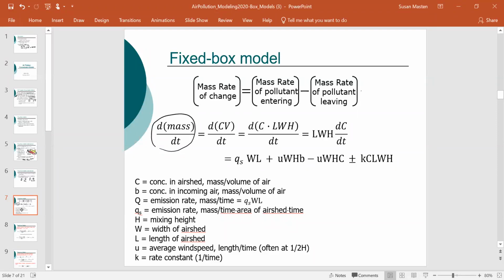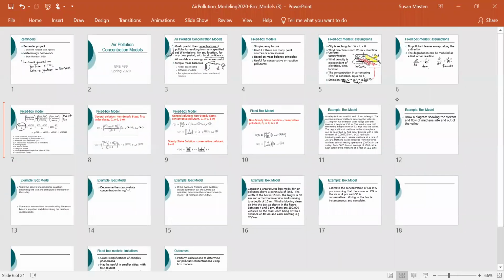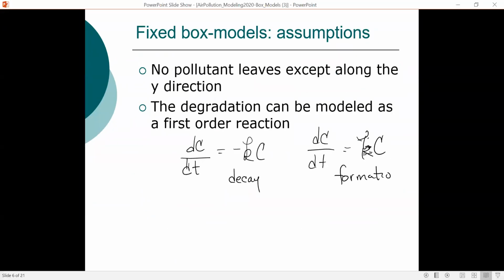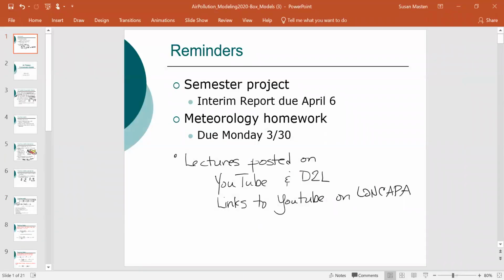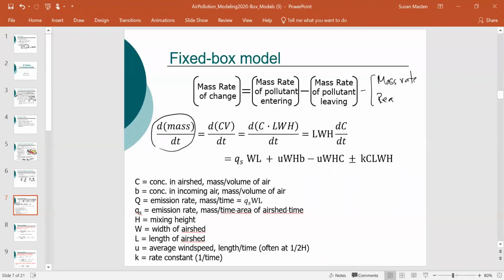And if we have a reaction term, let's draw that in here, then we have the mass rate reacting.